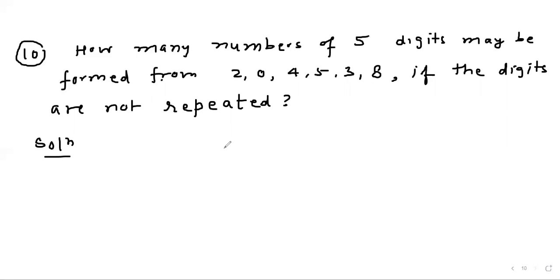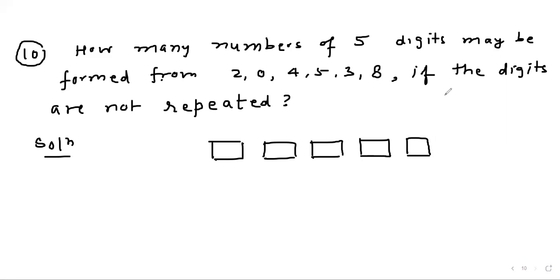So there are 5 places and there are 6 numbers. First place cannot be filled with 0. So here we can put either 2 or 4 or 5 or 3 or 8.